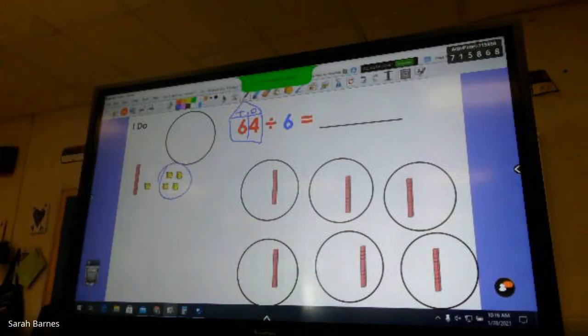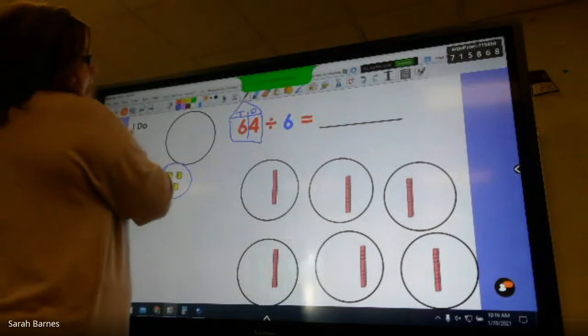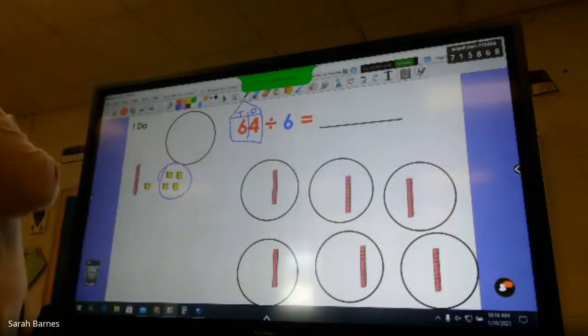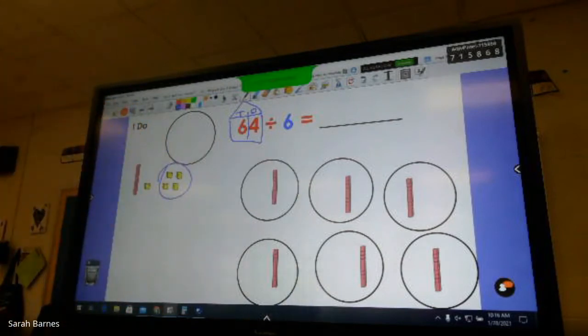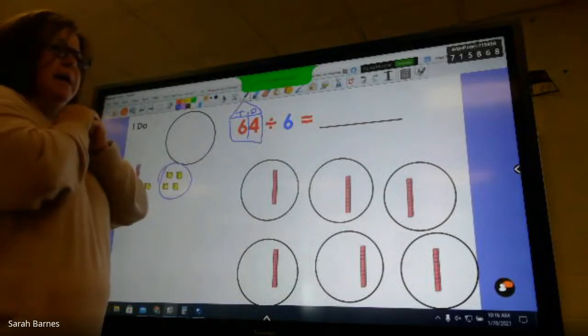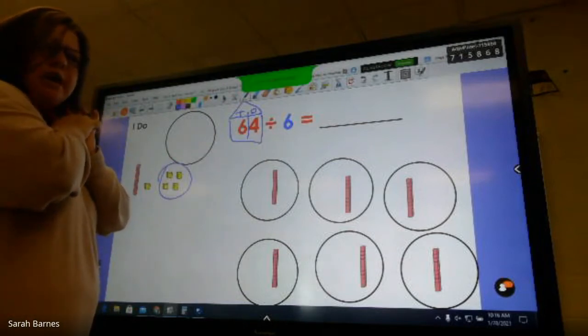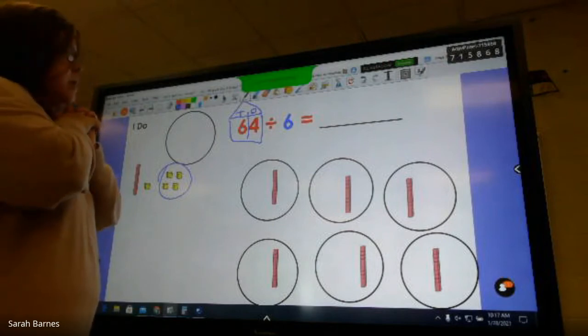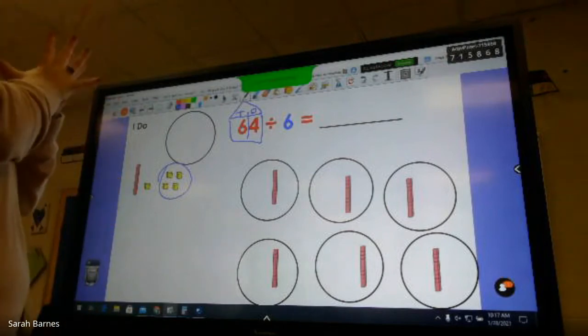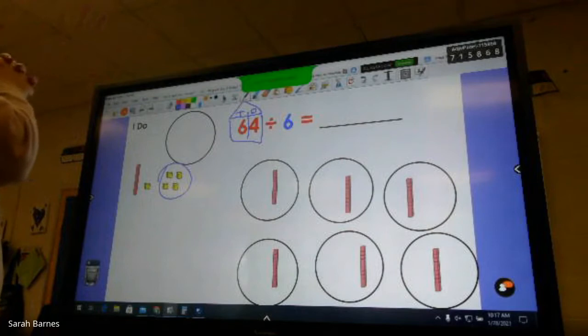Now I'm sitting here thinking about this, and I have 6 friends, and they each want a piece of candy. And if I just give 4 of them a piece of candy, I'm going to have 2 friends that aren't going to be very happy with me. So I can't give those 4 friends candy. I have to hold them.